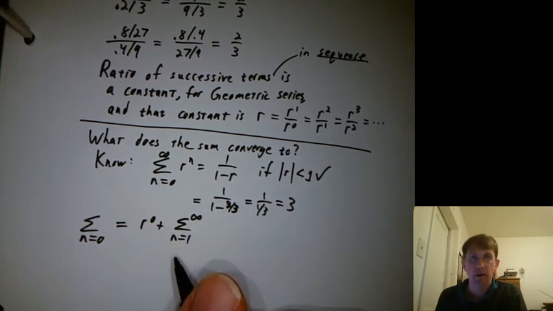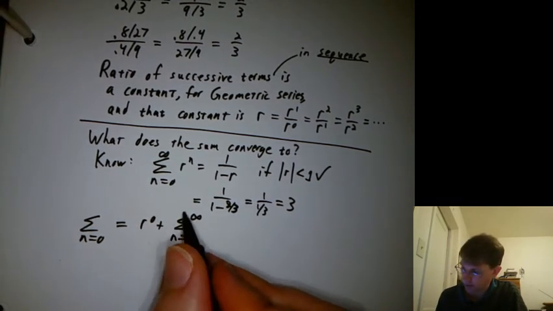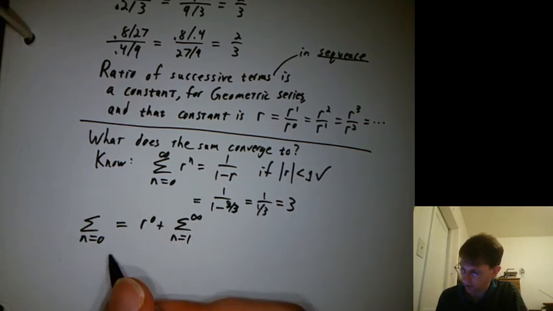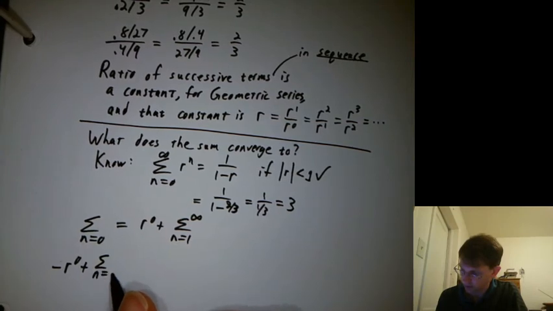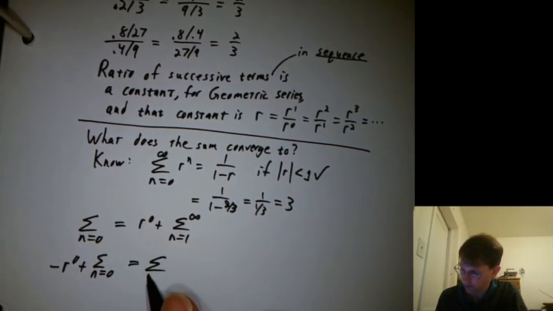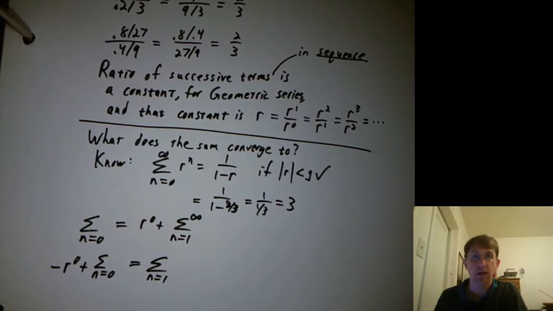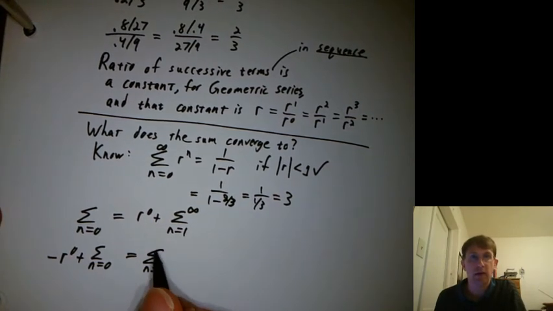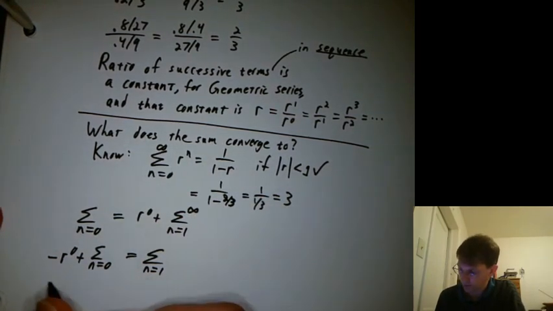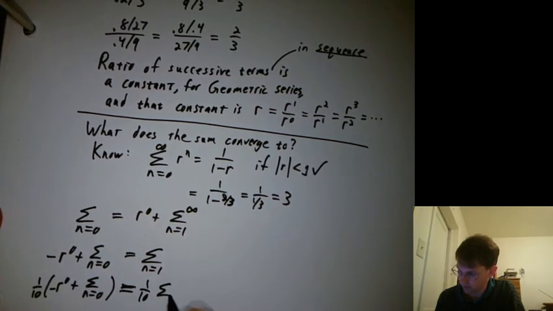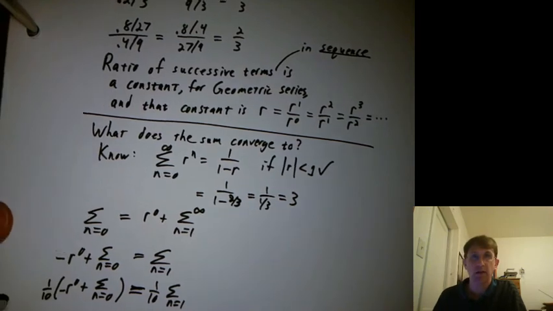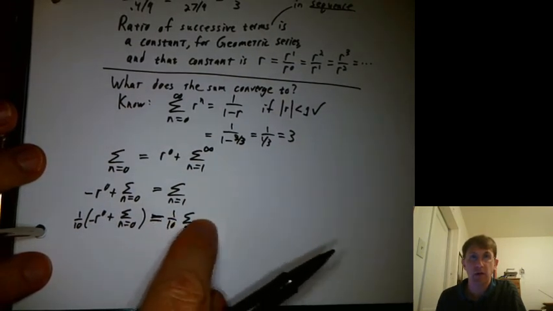And so to get this all by itself, which is what we want, we can say minus r to the 0 plus the sum starting at 0 is the sum starting at 1. And then now we want 1/10 of that, so let's multiply this whole thing by 1/10. So that's the number we want.